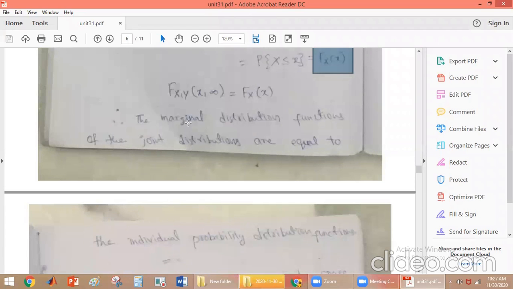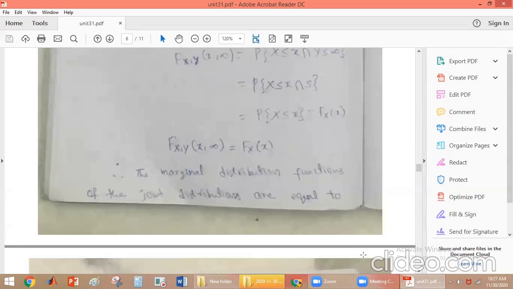So if x is equal to infinity or y is equal to infinity, what is that called? The marginal distribution function. The marginal distribution functions of the joint distribution function are equal to the individual probability distribution functions.